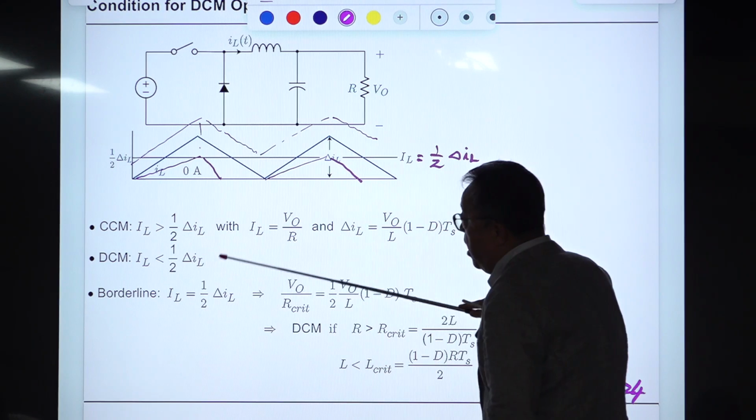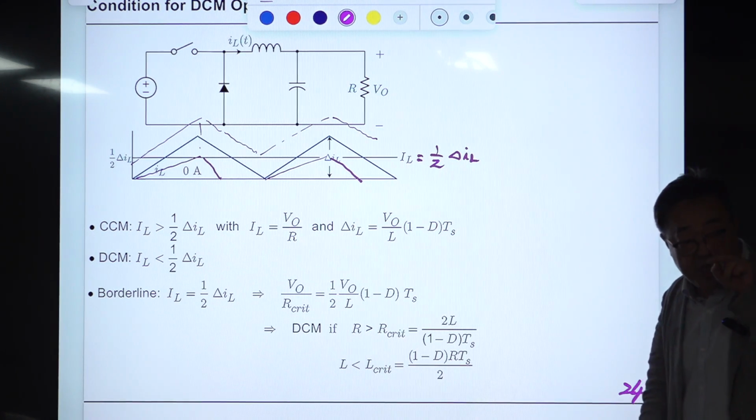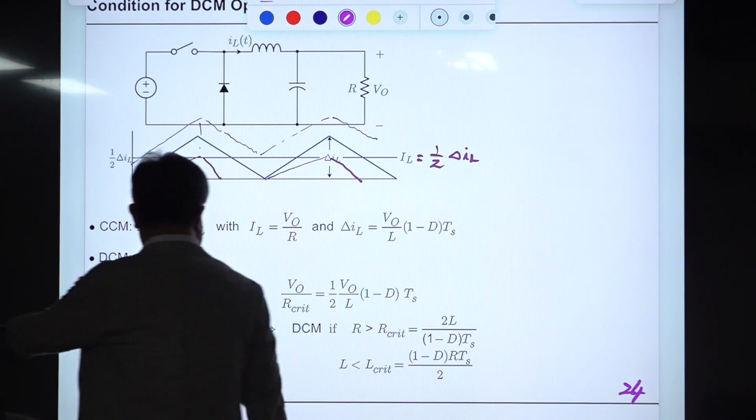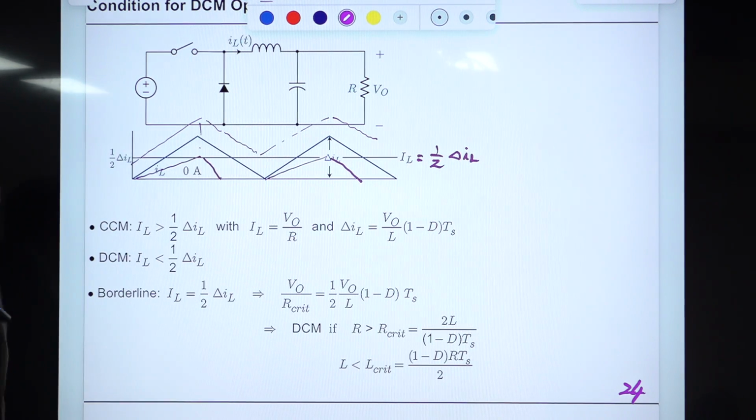Otherwise, you are in DCM. If you have the equal sign, you are on the borderline. With this sign, this is CCM. With this sign, this is DCM.